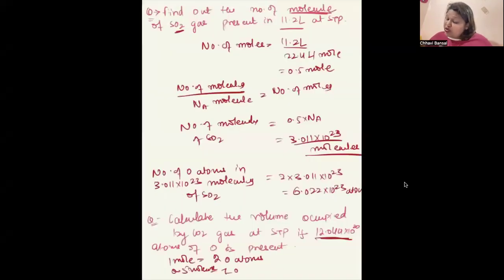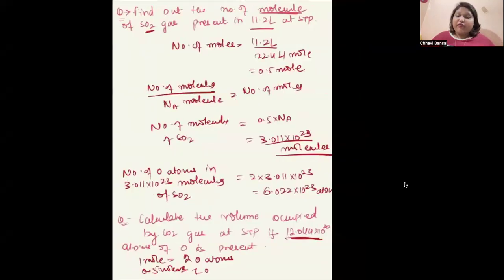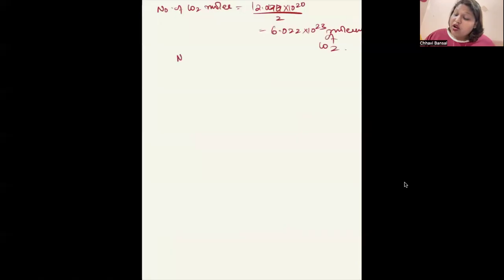Now we have the molecules of CO2. What are we supposed to find out? We have to find the number of moles. So number of moles is 6.022 into 10 raised to power 20 divided by 6.022 into 10 raised to power 23. So we get 10 raised to power minus 3 moles.